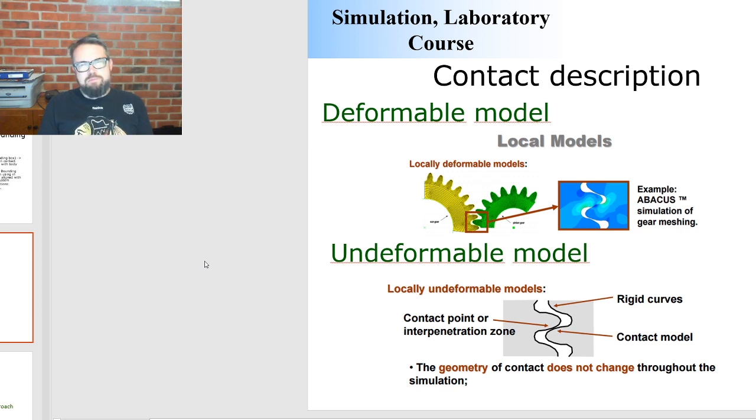That's the case when modeling gear systems. In this example, the two gears are in contact, and locally you just prevent the penetration here, and then the forces will be accurate.